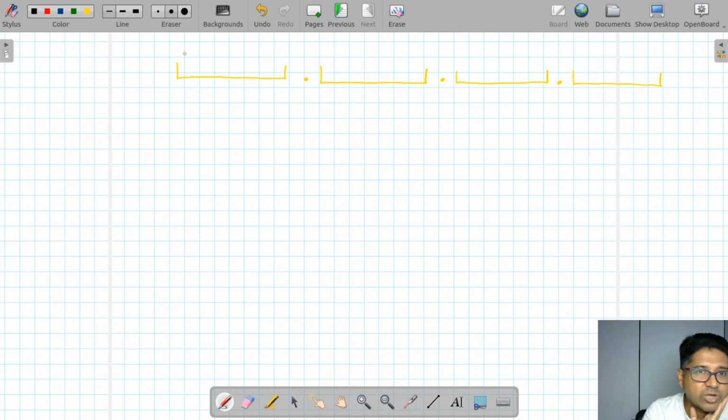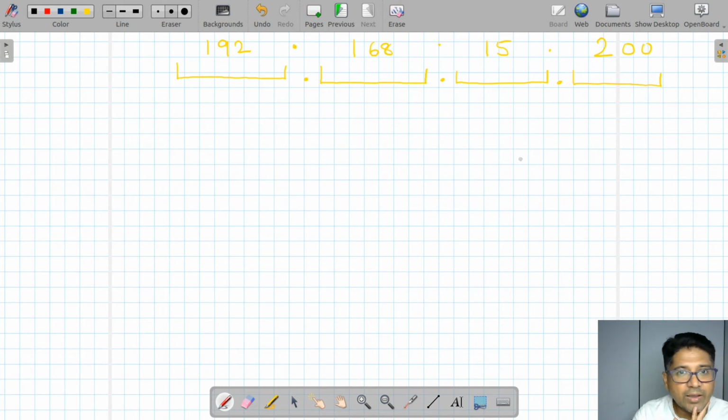Let me write one example: 192.168.15.200. So this value is the first octet, second octet, third octet, fourth octet. Clear? Yes, sir. Now, class A, B and C have something called a subnet.